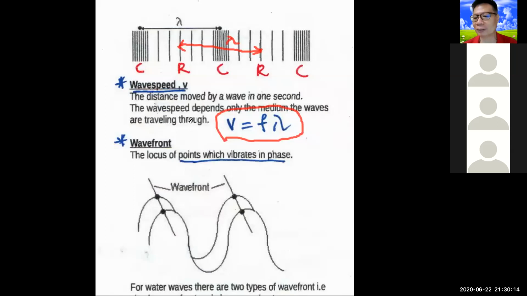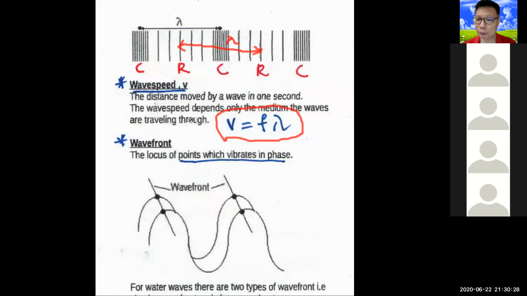Are you sure or not? A bit only can. How do you think, can sound travel through water or not? Yes, sir, it can travel through water. Sound can also travel through liquid and also can travel through gas, isn't it?